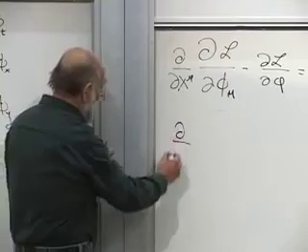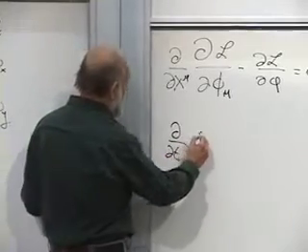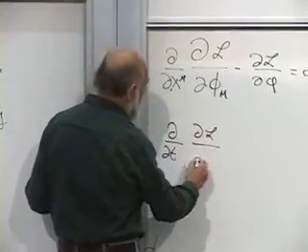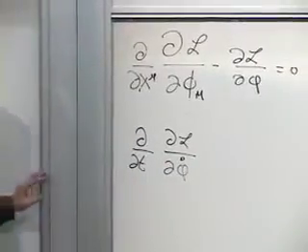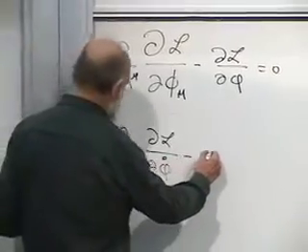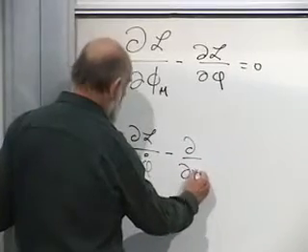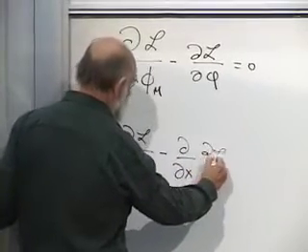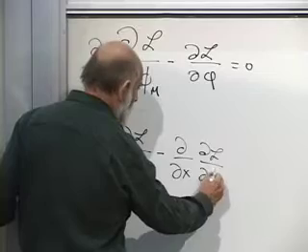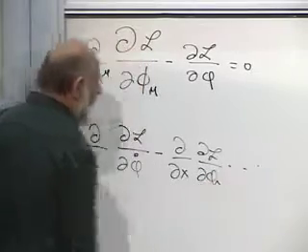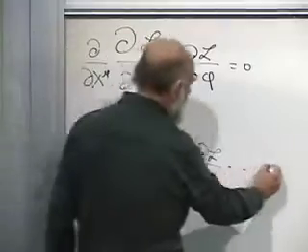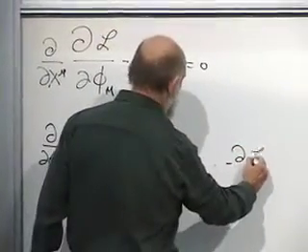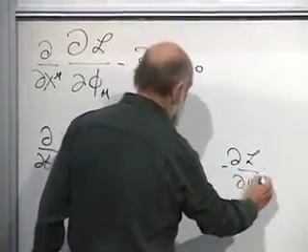All right, so this says that d by dt of the partial of L with respect to phi dot, that's the first term, minus d by dx of the partial of L with respect to phi x, and likewise for y and z, minus the derivative with respect to phi equals 0.